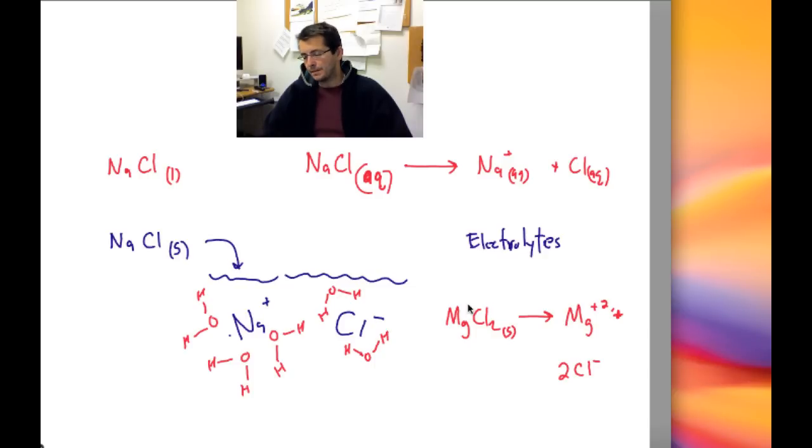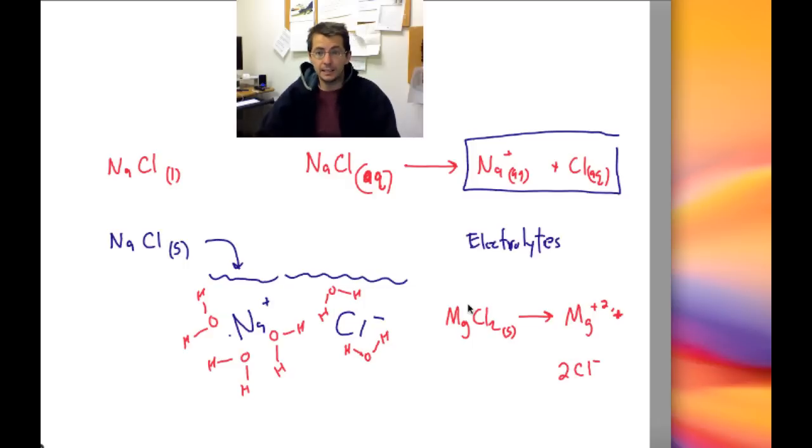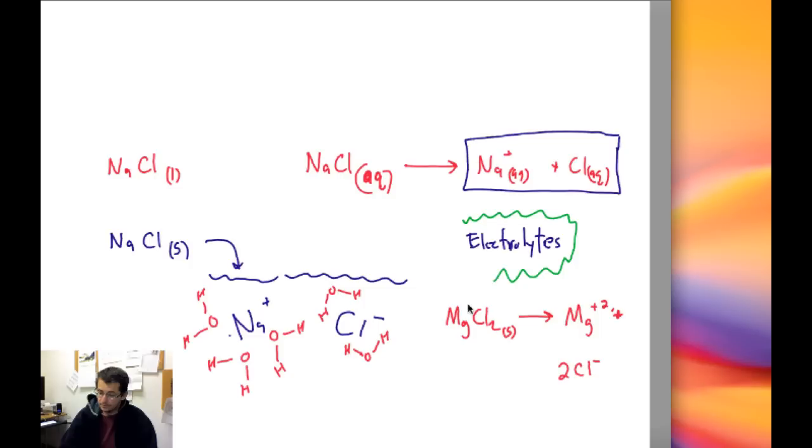So we represent that with the little aqueous, but in reality we have to take into account that it really is separate ions that are dissociated. Now, we have our electrolytes, and there are also materials that are non-electrolytes.